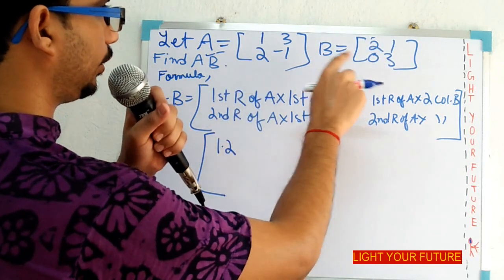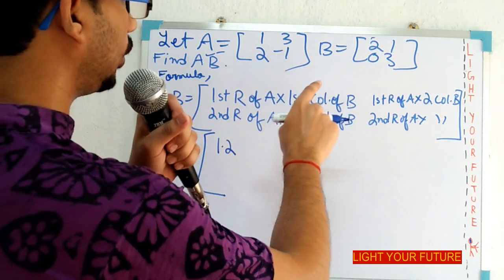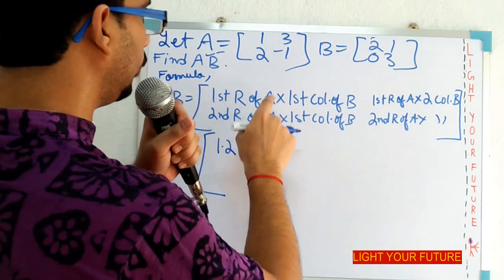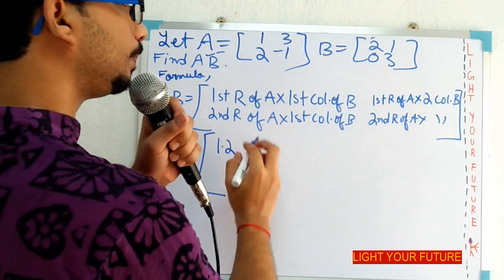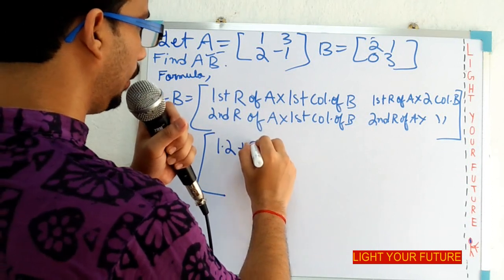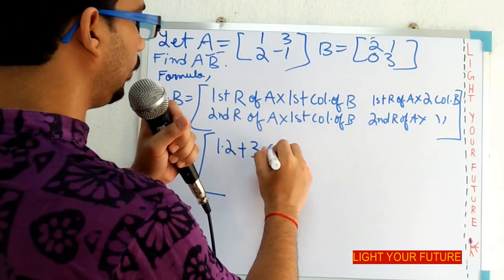And as we have two rows and two columns, we have to take each and every element separately. In the same manner, we will take 3 and 0. We will put the plus sign over here.